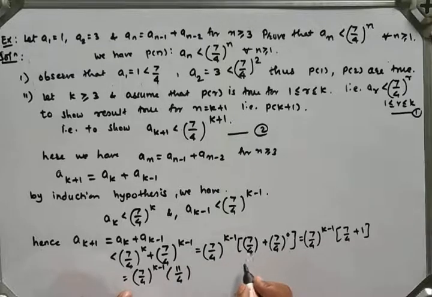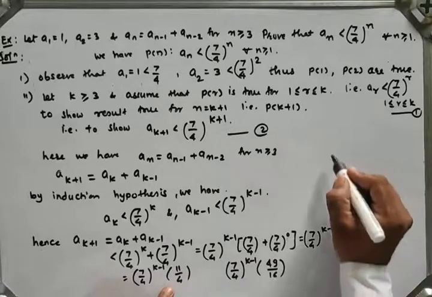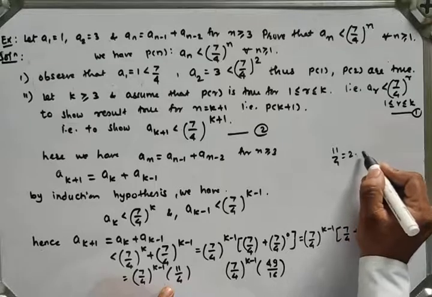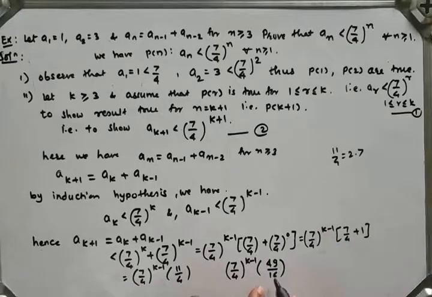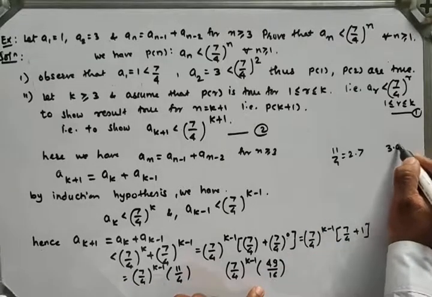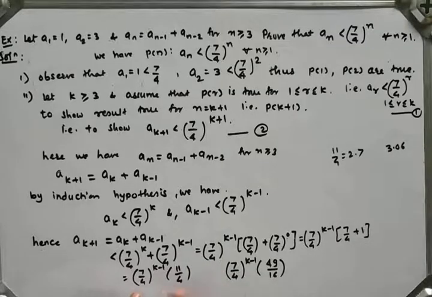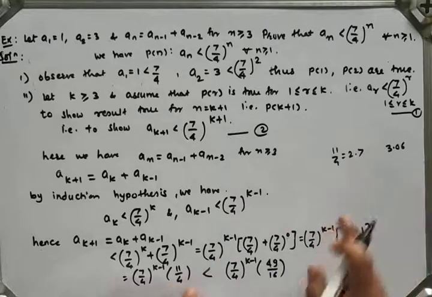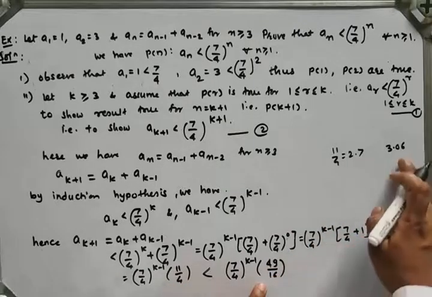If I take another element, 7/4 raised to k minus 1 into 49/16, right? 11 by 4 has value 2.7 something, and 49 by 16 has value 3.06 something. So which one is greater? This is strictly less than, because both 7 by 4 raised to k minus 1 are the same, and 11 by 4 has value 2.7, and 49 by 16 has value 3.06.